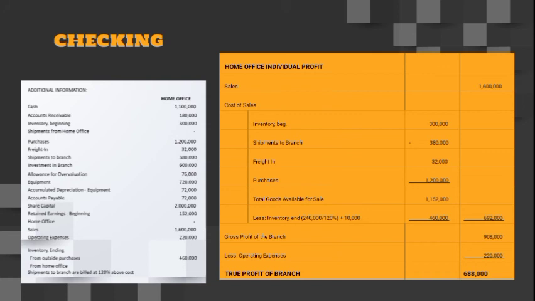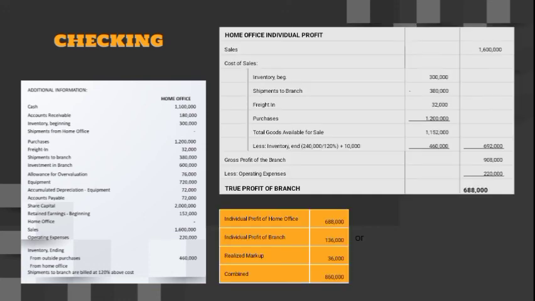Now, let's deduct 460,000, so we have 692,000. Then sales 1.6 million less 692,000, we have a gross profit of 908,000. Less operating expenses, we have individual profit of home office, which is 688,000. Actually, here's another way to compute for the combined profit.